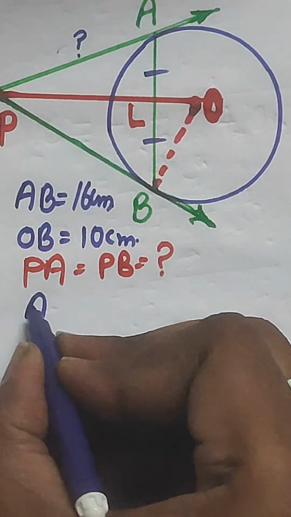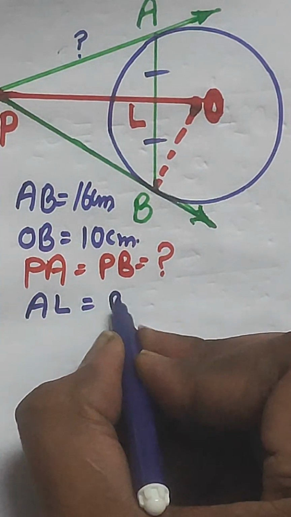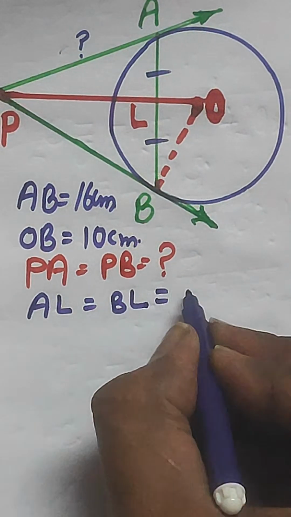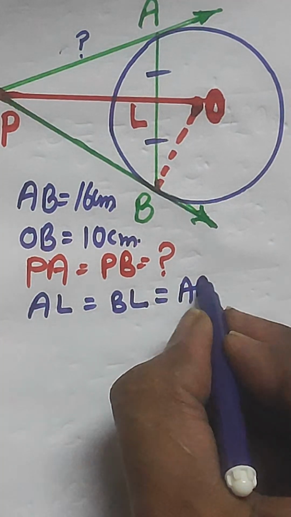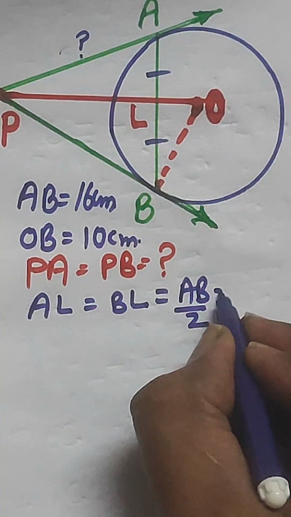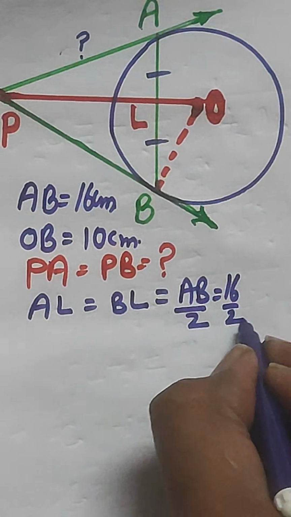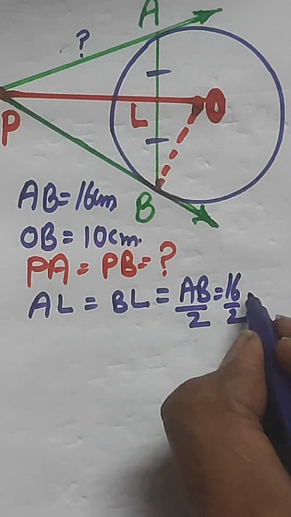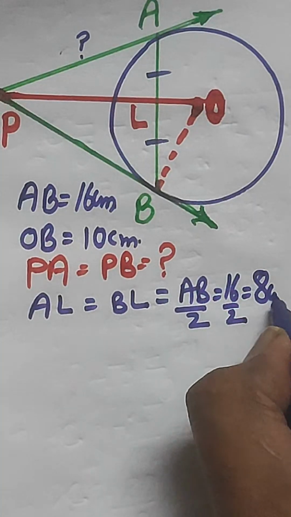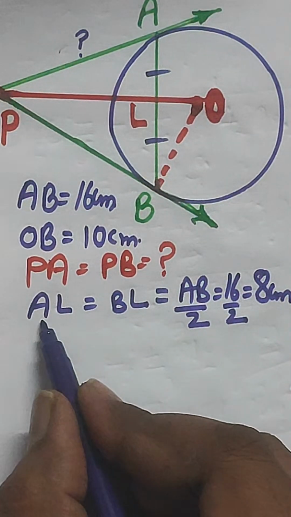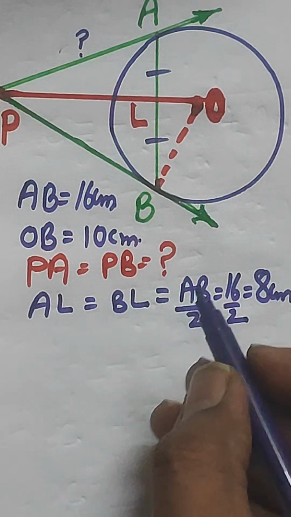So I am writing AL equal to BL, which is equal to AB by 2, which is equal to 16 by 2, which is coming as 8. So 8 centimeter is the length of AL or BL, right?